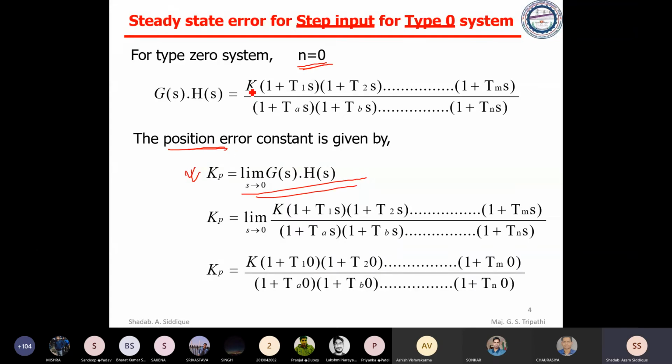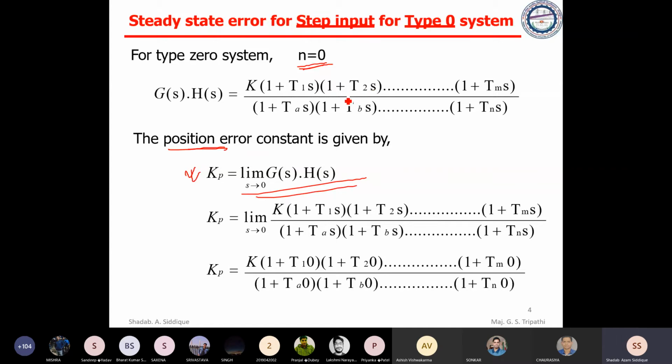If this is not in the time constant form, please make it time constant form. Then it will be easy for you. Again I am telling you, if you have not been given the standard time constant form of the transfer function, then you can find Kp by substituting s equal to 0.